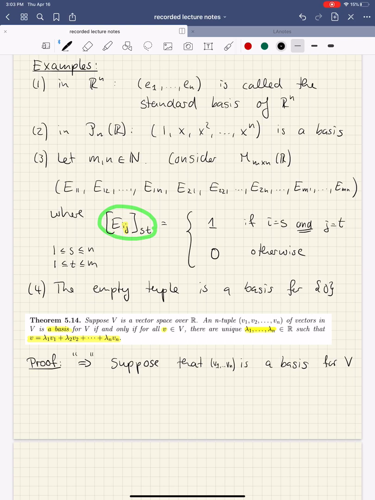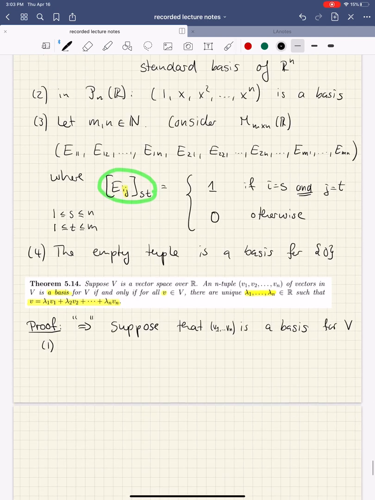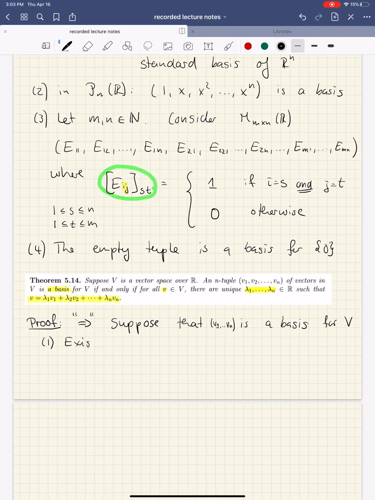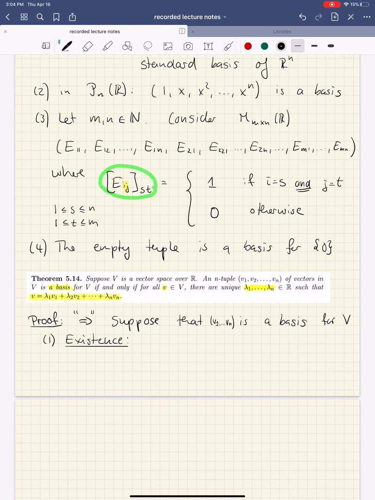So what do we have to do? Well, we have to show it exists and that it's unique, as we've learned before. So let's start with existence. We have that this tuple is a basis, and by definition that means spanning and linear independence.